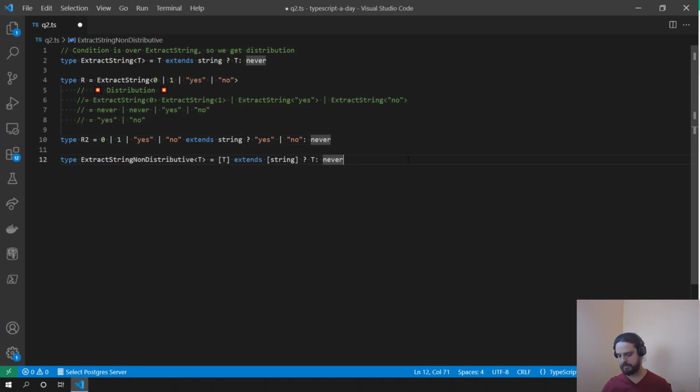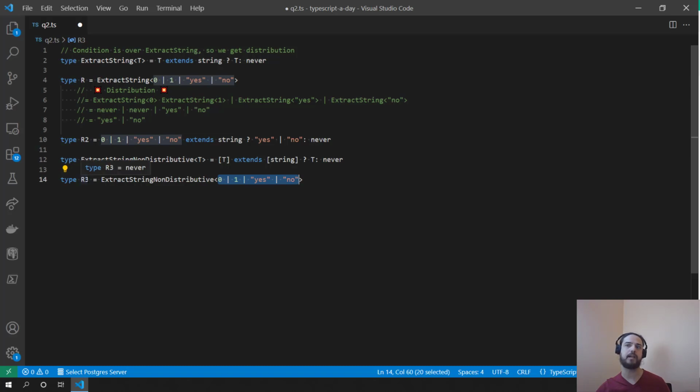If we were to apply this to, for example, the union that contains numbers, we will see that this actually results in never, because again, the union itself doesn't extend string. If we were to have just yes or no, the union itself does extend string, so we do get yes and no, but distribution still doesn't occur. So these are, in a nutshell, distributive conditional types.